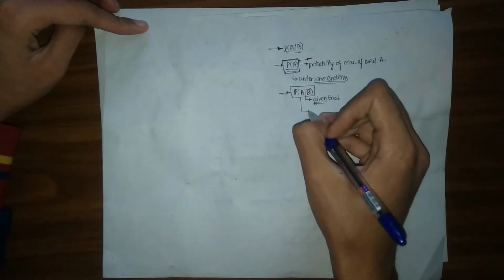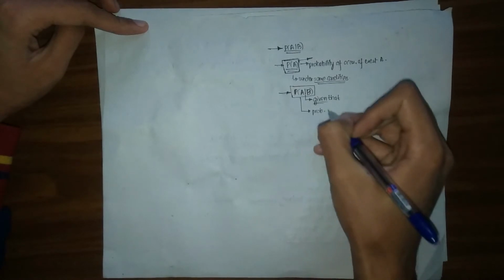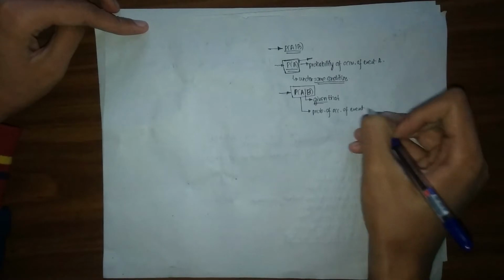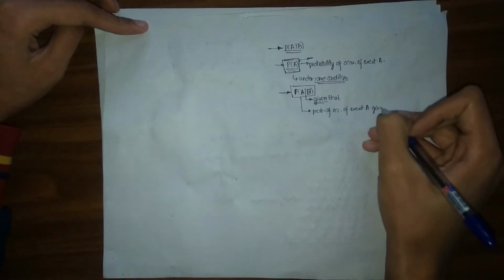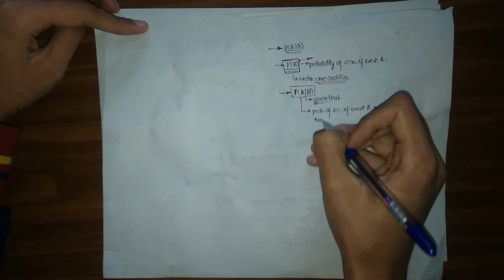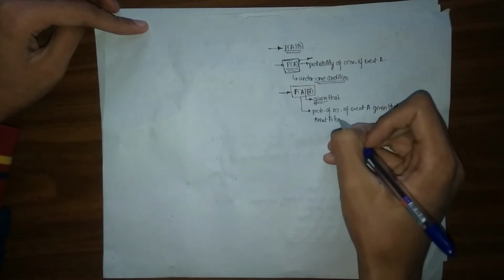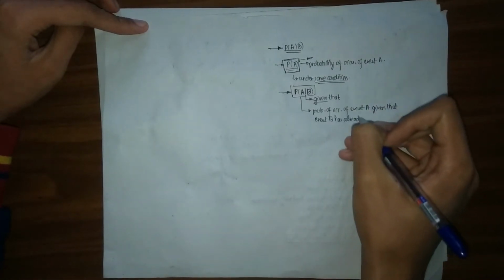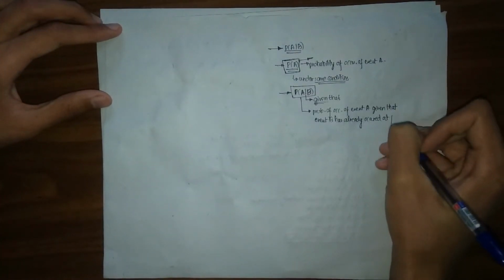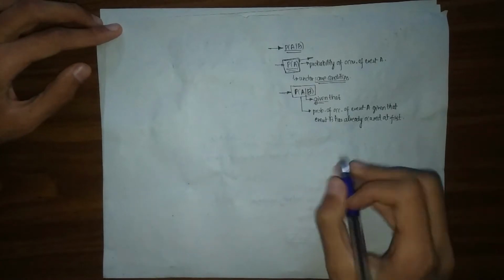So it simply means the probability of occurrence of event A, given that event B has already occurred at first. So this is simply conditional probability.